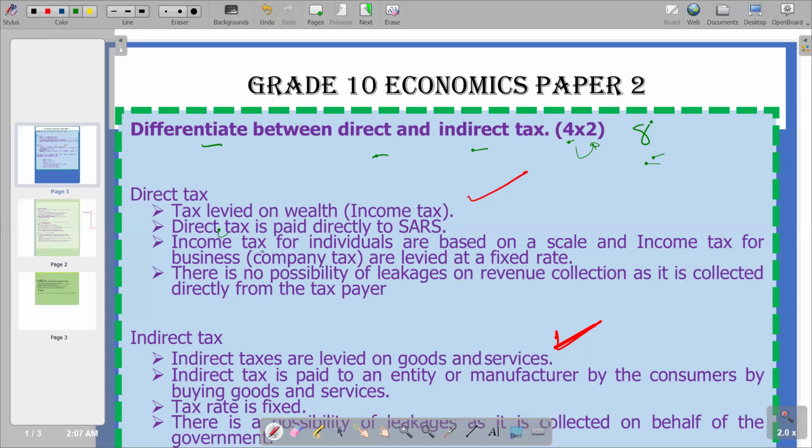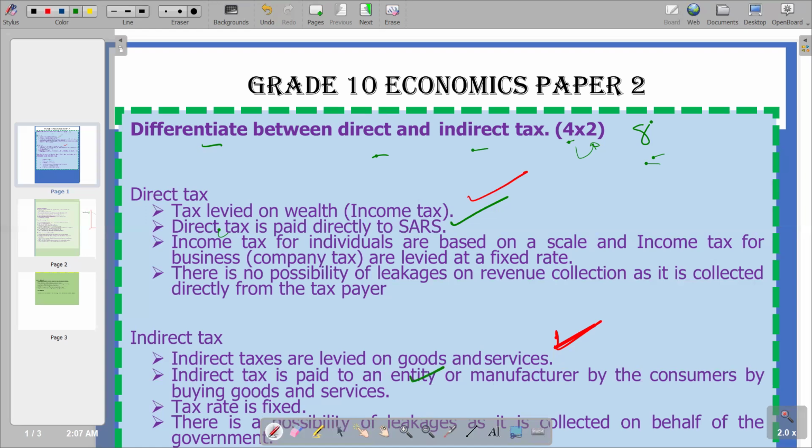But indirect tax is paid to an entity or manufacturer by the consumers when buying goods and services. The retailers collect the tax, and then they submit the tax to the tax authority, that is SARS. That's the difference that we have.